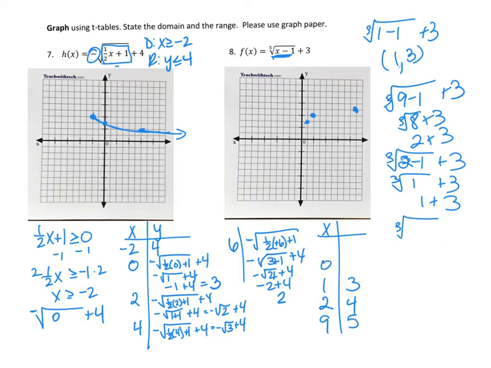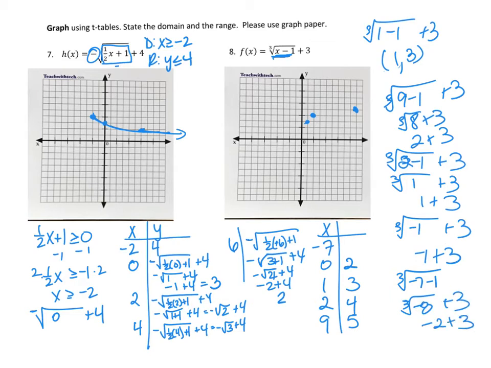Plug in 0: 0 minus 1 is negative 1, plus 3, negative 1 plus 3 is 2. And then let's go to negative 7. Cube root of negative 7 minus 1. That's a cube root of negative 8. That's negative 2 plus 3 is 1.